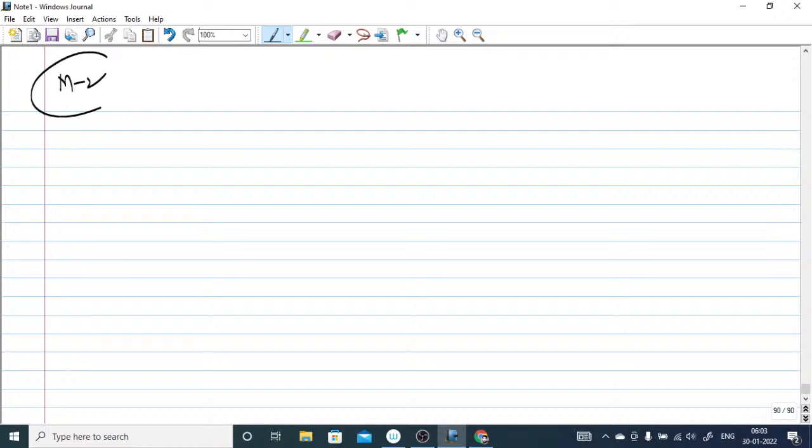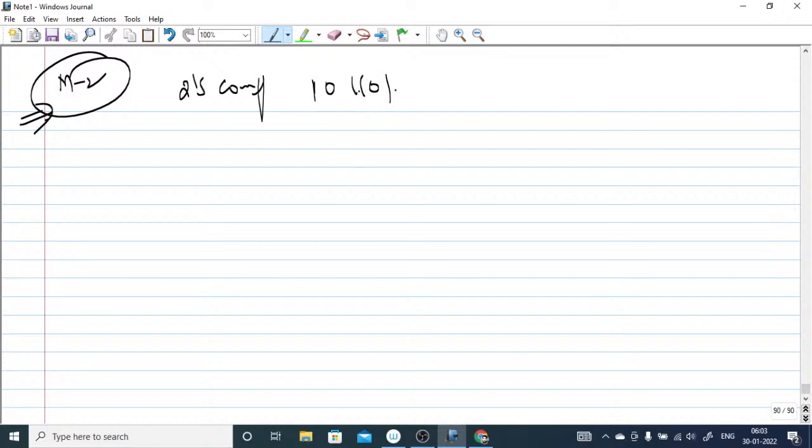Method 2 you can also follow, right? As they are saying that the 2's complement representation is given, that is 1 0 1 1 0 1, right? What you can do here is directly write this.